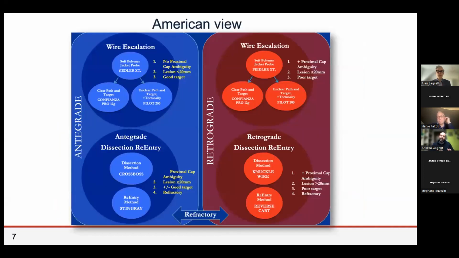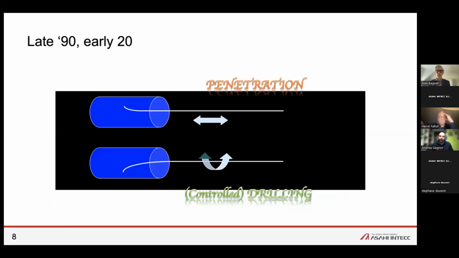So start from something which is soft, relatively atraumatic, tapered, with not a great penetration power, and then if you fail, move to something else which has more penetration power, is stiffer, and so on. But this is not a clear algorithm to understand which wire to use.